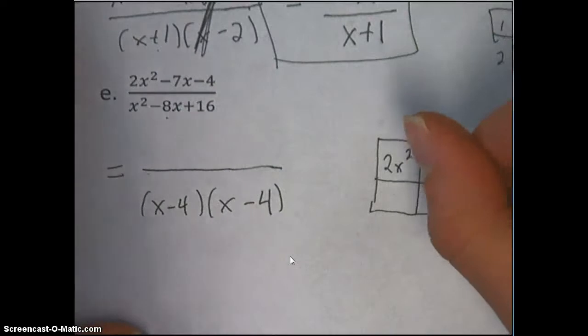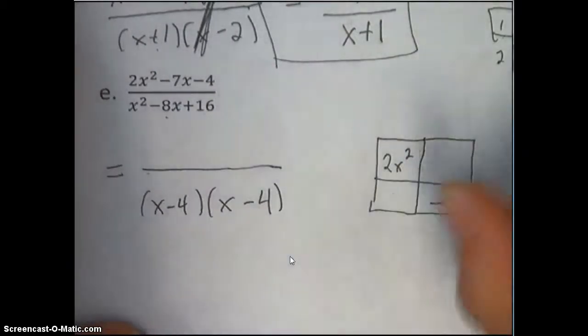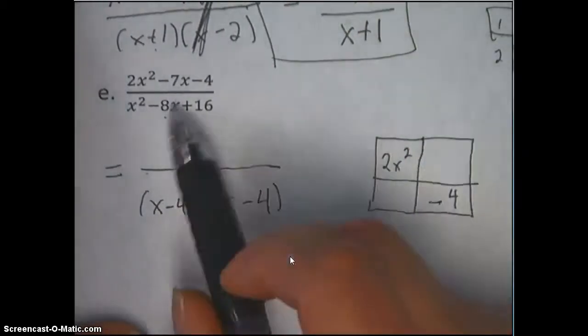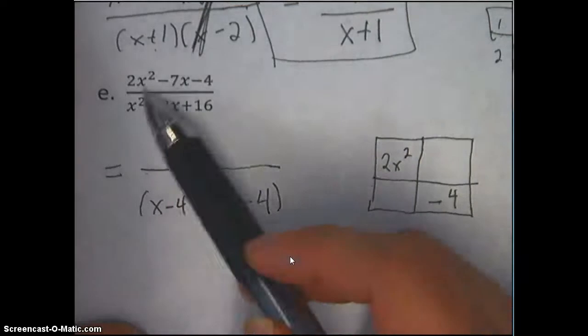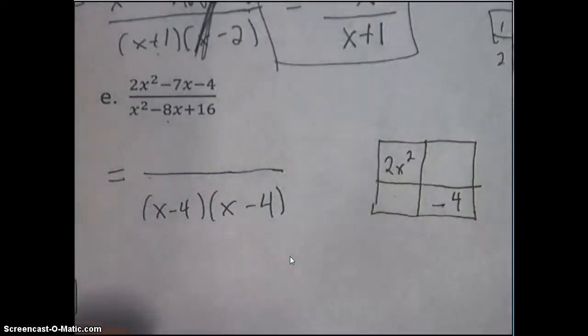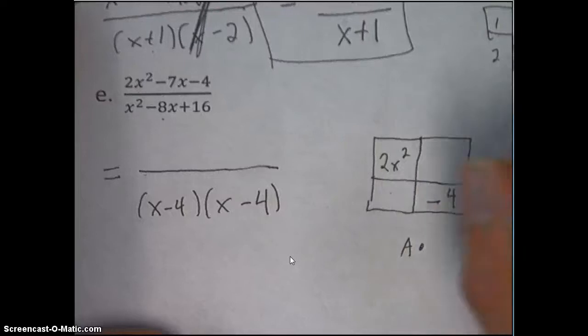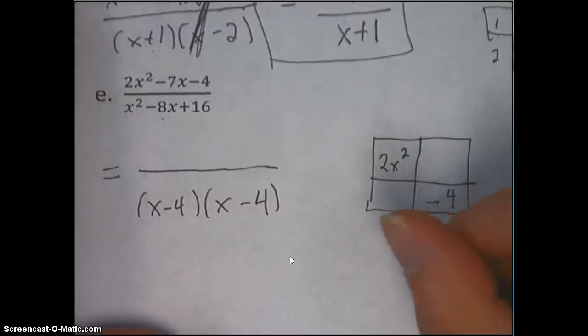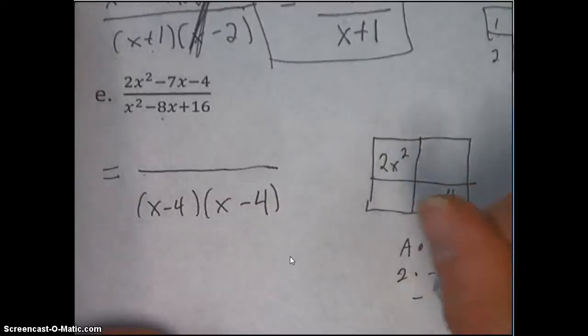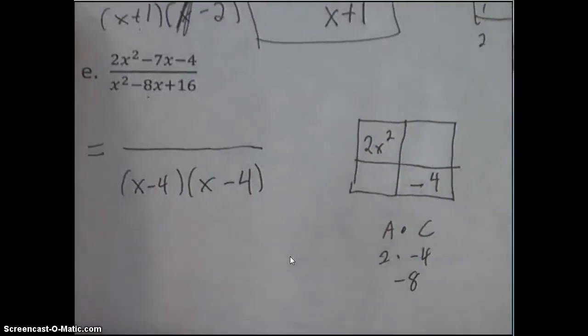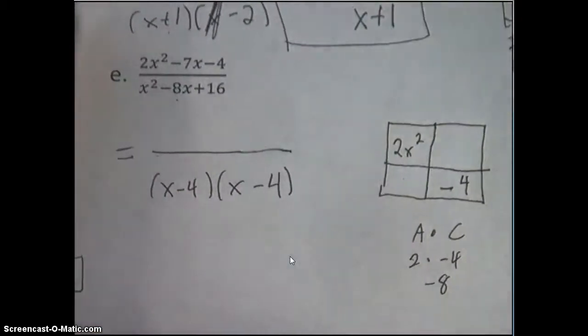I'm going to write the minus 4 down here. And the other parts of the box, that negative 7x, well, to get that, I'm going to do a times c, 2 times negative 4, which is negative 8. And I'm going to think of all the factors of negative 8.